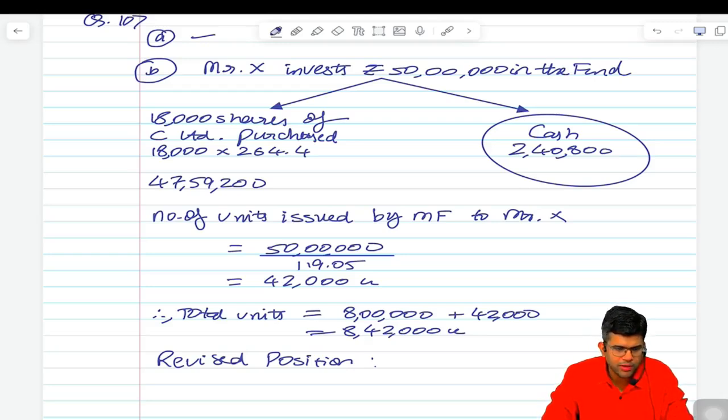In number of units, you have taken 8 lakh 42,000. You took cash how much? 2,40,800. Okay. In C, how many shares you took? 28,000. Just check A, B, D and E. Same rows as earlier. Everything same.